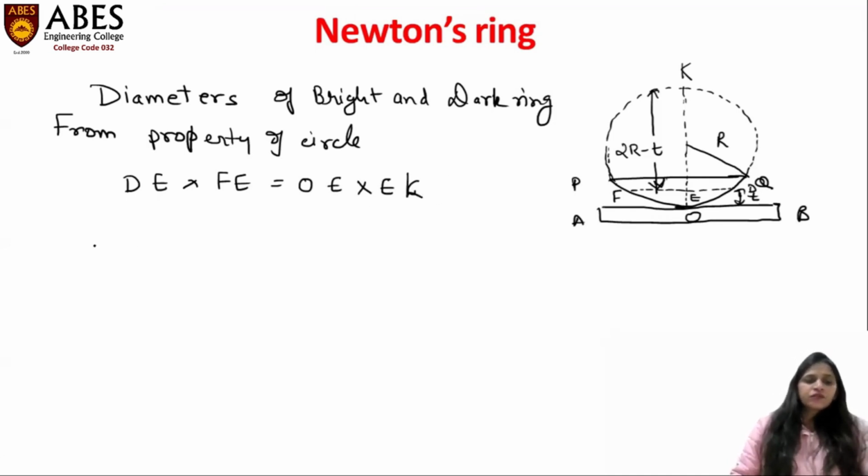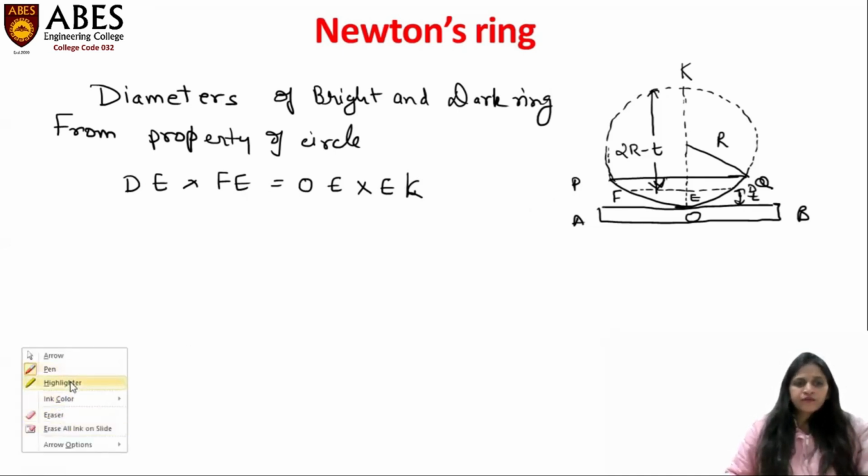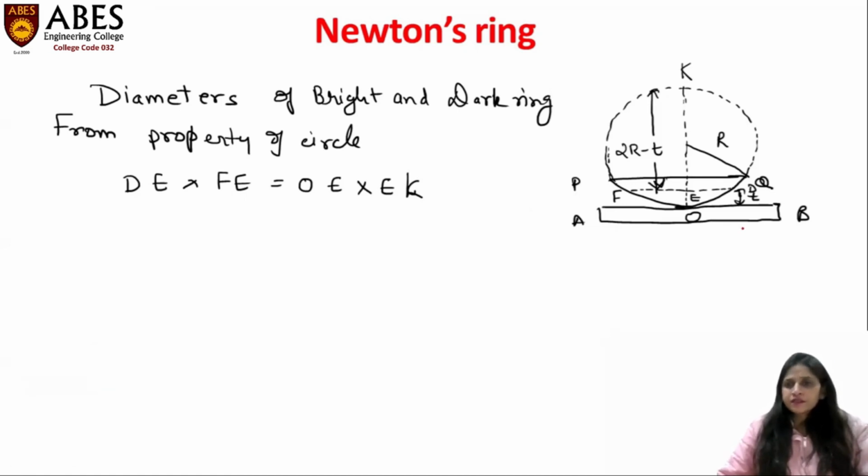So now from here we know the value of DE and FE. What we are considering is this thickness, suppose there is a ring that is forming. So that ring will be formed on the thickness T like this. The whole ring is formed.